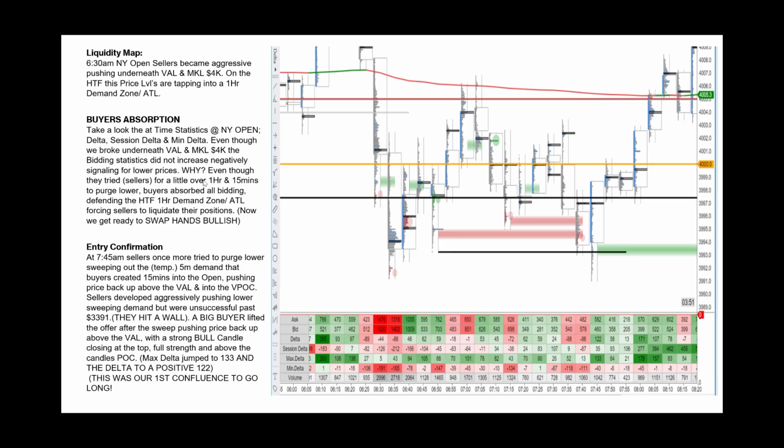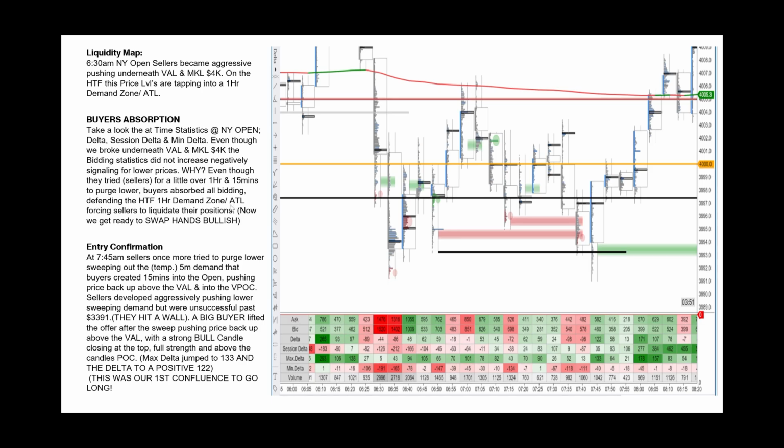Why? Even though sellers tried for a little over 1 hour and 15 minutes to purge lower, buyers absorbed all the bidding, defending the higher time frame 1 hour demand zone slash ascending trend line, forcing sellers to liquidate their positions.